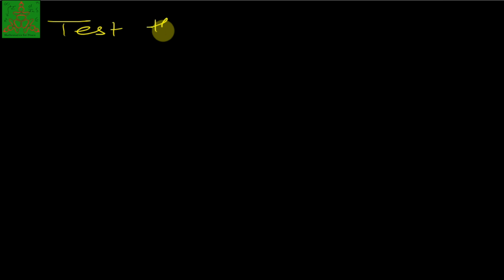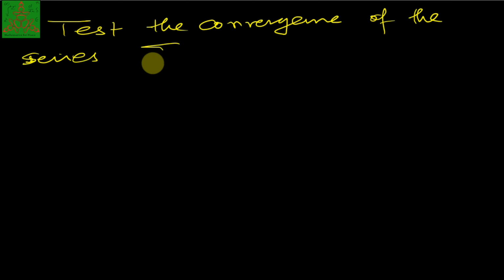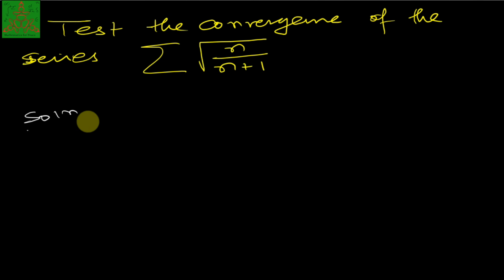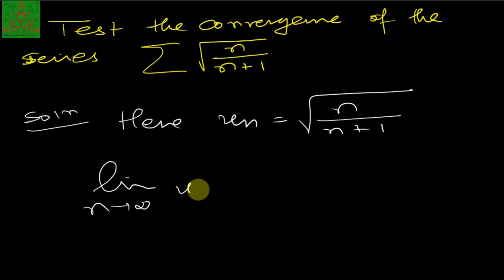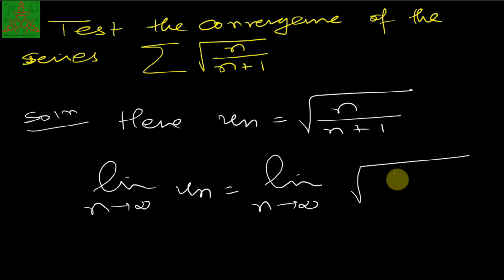Test the convergence of the series summation of square root of n upon n plus 1. So here un is square root of n upon n plus 1. Let us see what the limit of this un will be. Limit as n tends to infinity of un is the limit of square root of n upon n plus 1.